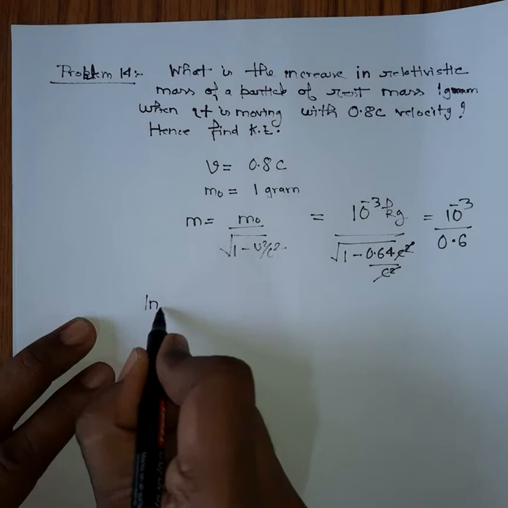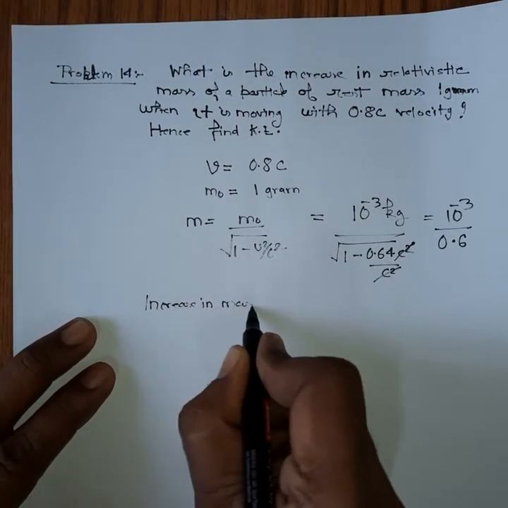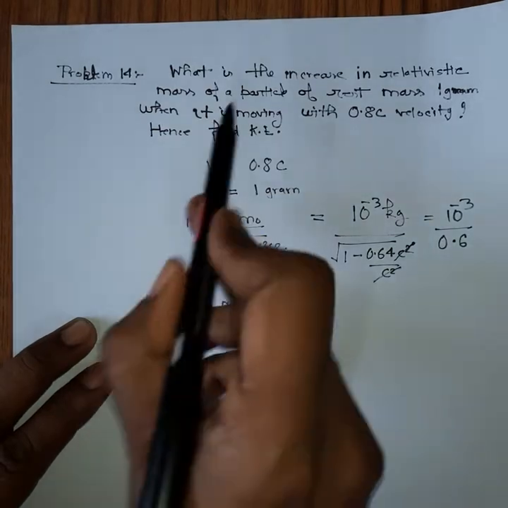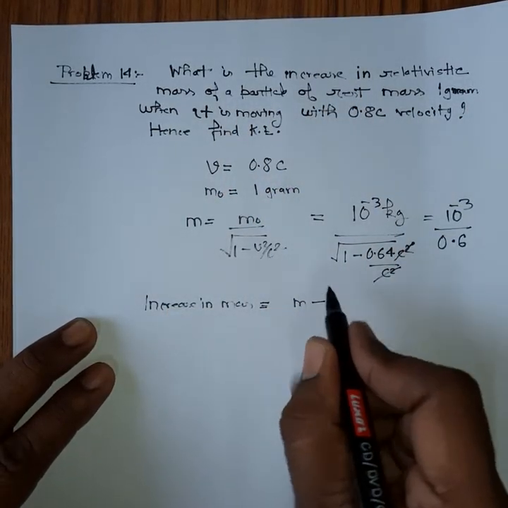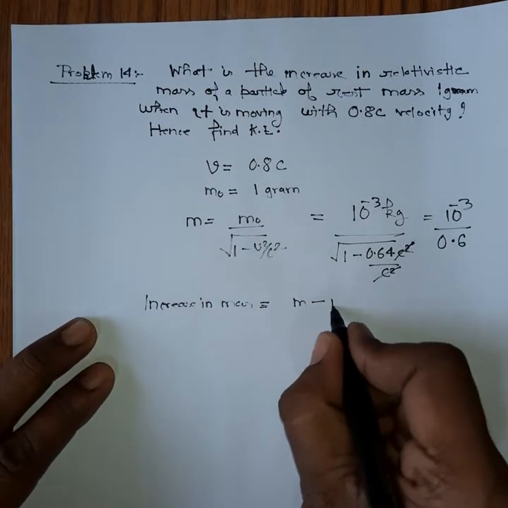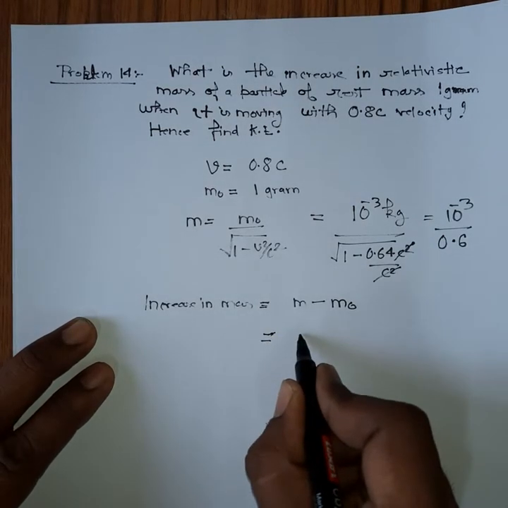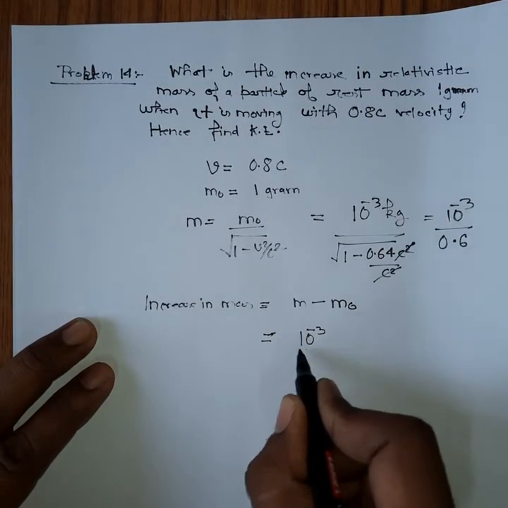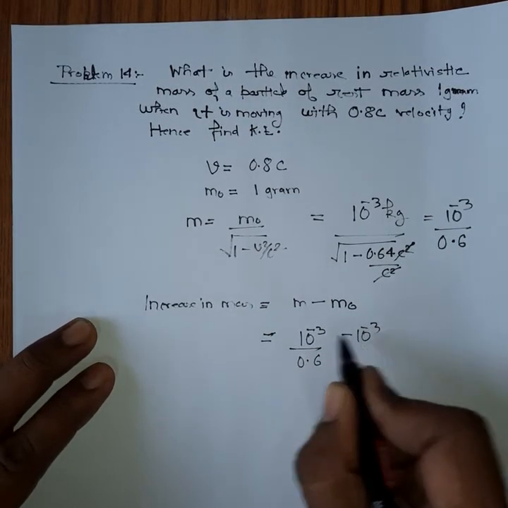Therefore, we have to calculate now what is the increase in relativistic mass. So the increase in mass is the difference between the mass observed and its rest mass. So that is m minus m naught. Here you have calculated 10 to power minus 3 divided by 0.6 minus 10 to power minus 3.